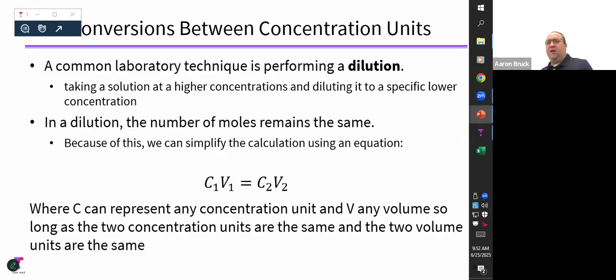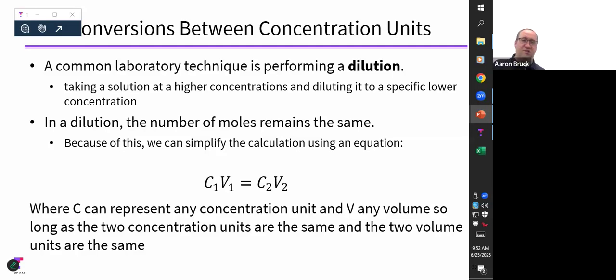And so because of this, we can simplify the calculation of dilution. C can represent any concentration unit, with the exception of mole fraction. You can't use mole fraction here because obviously mole fraction would change if I added more water. I'd have more moles of water now. But aside from that one, percentage, mass percent, volume percent, all those would work just fine.